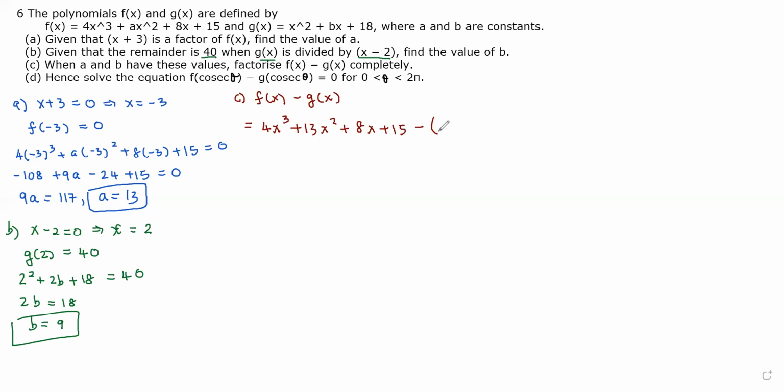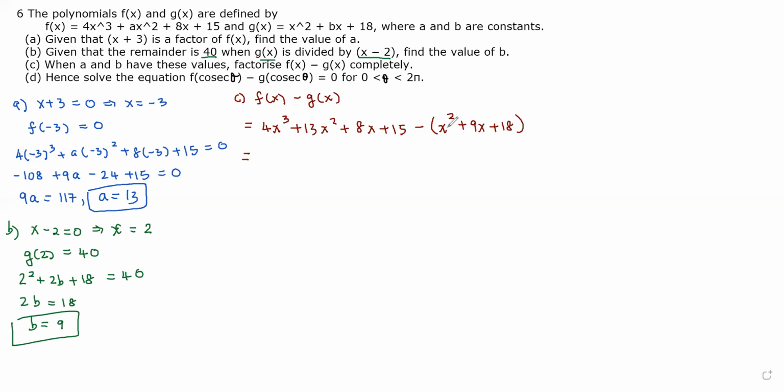Make sure you have a bracket here. The negative has to be distributed later. g of x is x squared, b is 9, so plus 9x plus 18.